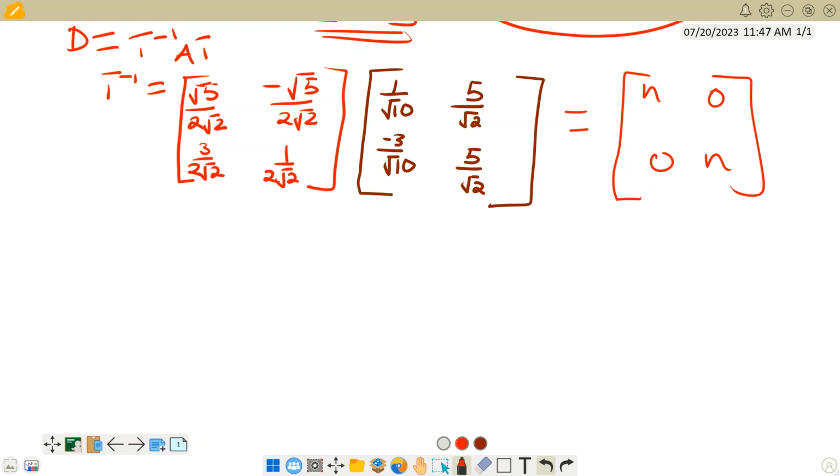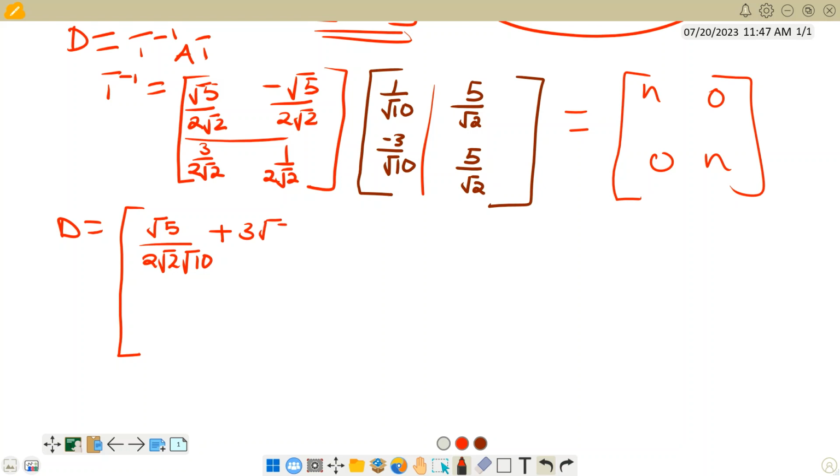Now, can we do the multiplication? So our D will be, we'll be multiplying row by column, right? The first part will be square root of 5 divided by 2 root of 10, and then plus 3 square root of 5 over 2 root of 10.